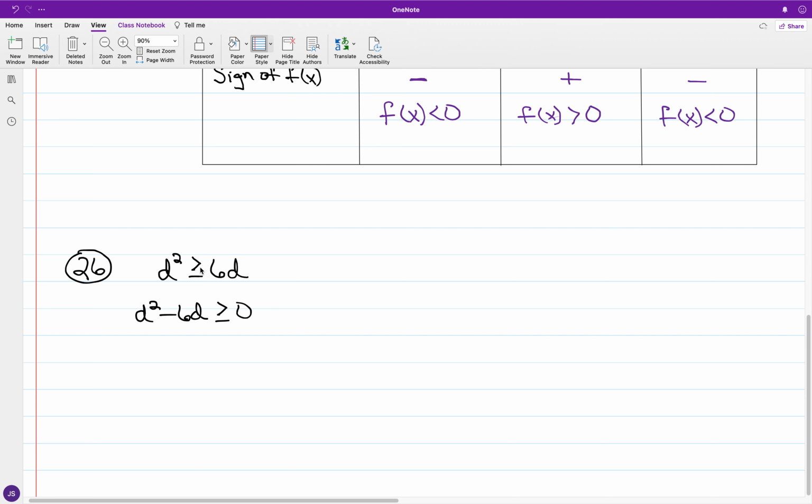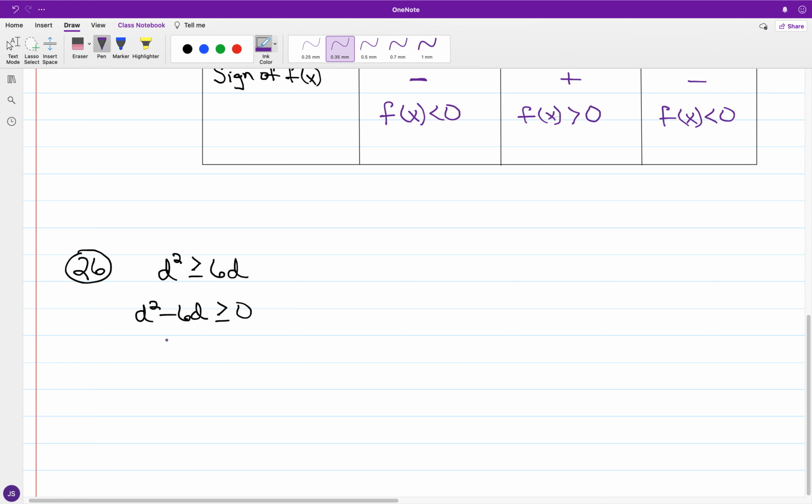And so for the function, we have f of d is equal to d squared minus 6 times d, and looking for the zeros.